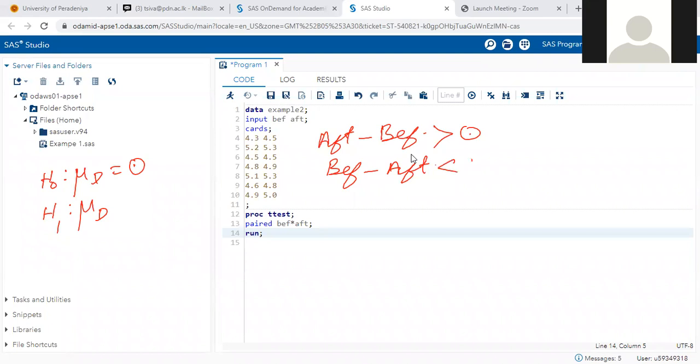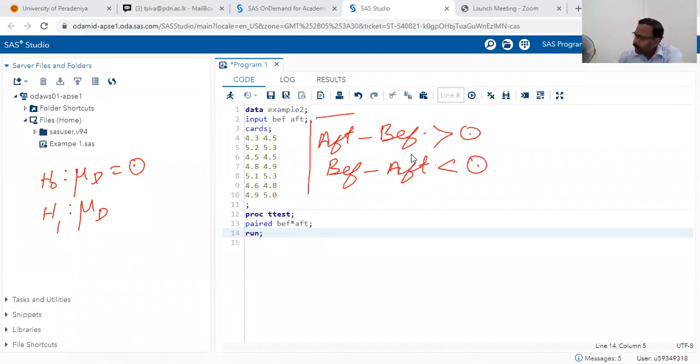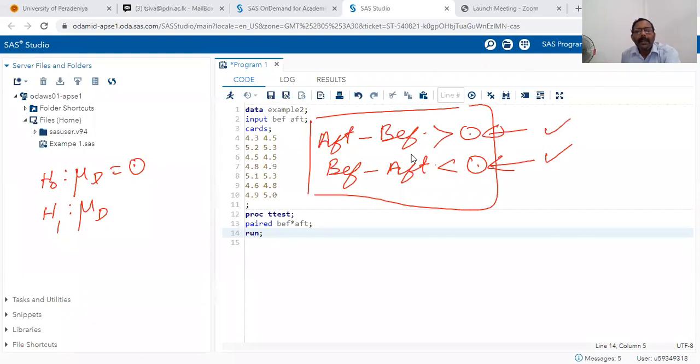Less than 0. So we'll have to be very careful about these two, because in both cases, both are correct. Both are relevant to our question. After minus before greater than 0 means there's an effect of the hormone. Before minus after less than 0 also indicates there's an effect of the hormone. So both are correct.